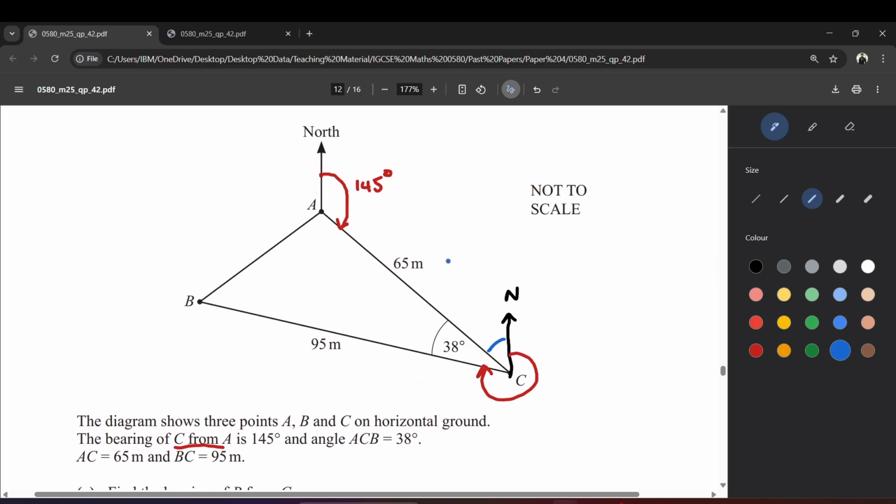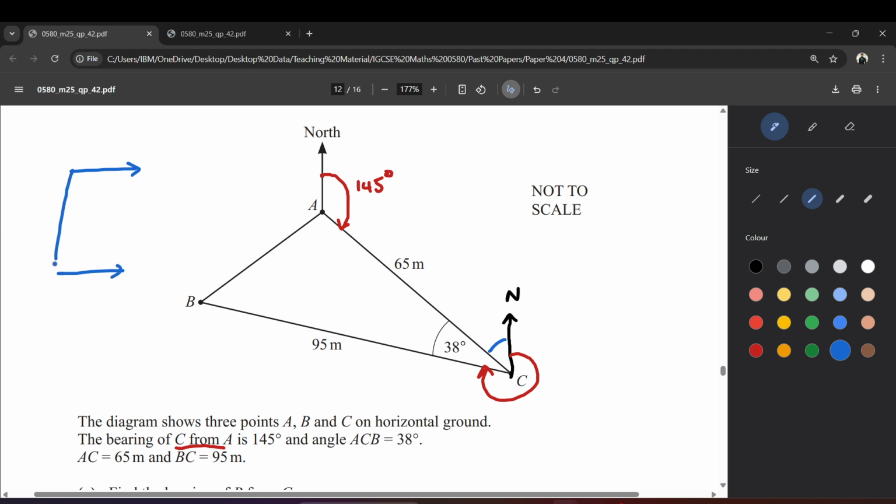If you notice, this north and this north are parallel lines to each other. If you look at the 145 degrees and this angle, let's say that we have two parallel lines, so this angle and this angle, this is the situation that we have. This is what we call co-interior angles.